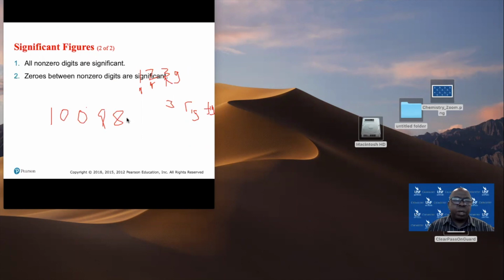The zeros are lying in between non-zero digits here, these are the 2 zeros, and they do count as significant figures. So 1, 2, 3, 4, 5. This measurement here has 5 significant figures. The zeros do count.